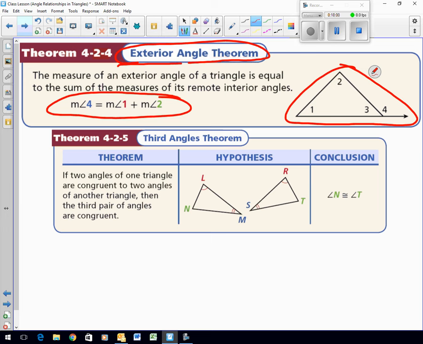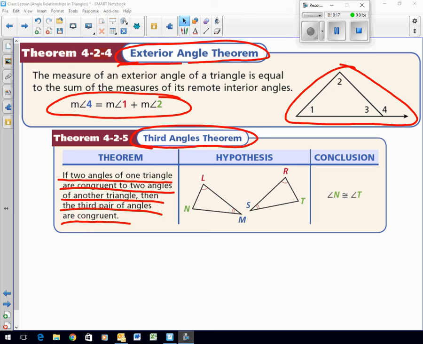For your third angle theorem, just the next one down here, I want you to write that definition. The third angle theorem says if two angles of one triangle are congruent to two angles of another triangle, then the third angles are congruent.